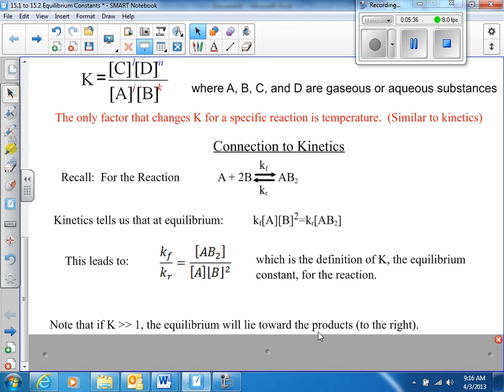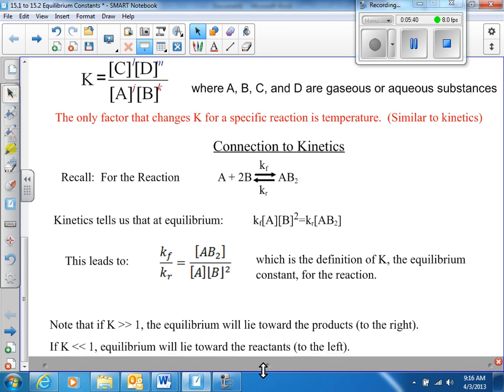We say equilibrium lies to the right, or we would say equilibrium favors the products. And if K is tiny, really, really small, remember K is products over reactants. So if products over reactants is tiny, that means products are small, reactants are big. The equilibrium lies to the left, and the reaction favors the reactants if K is very small.